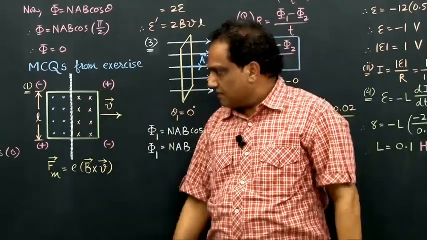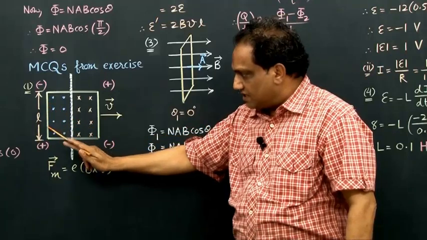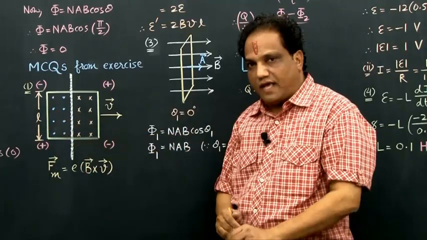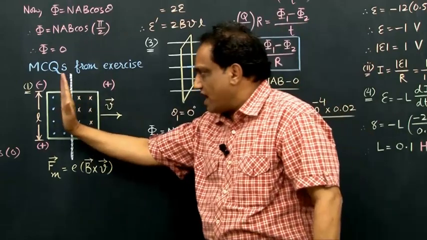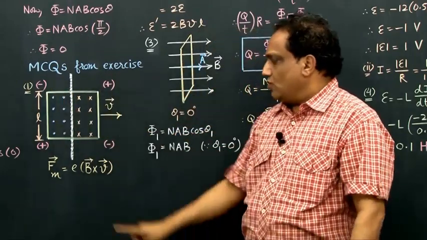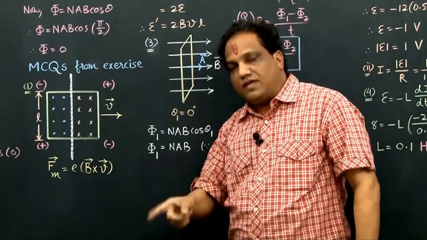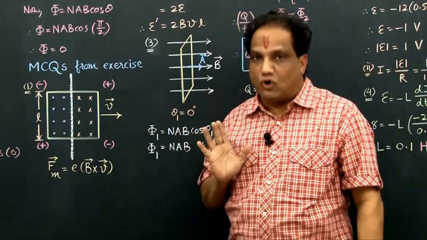Let us find out. You know there are electrons in this wire, and along with the loop, they also acquire velocity towards the right-hand side. And whenever any charged particle moves in a magnetic field, it will experience magnetic force.